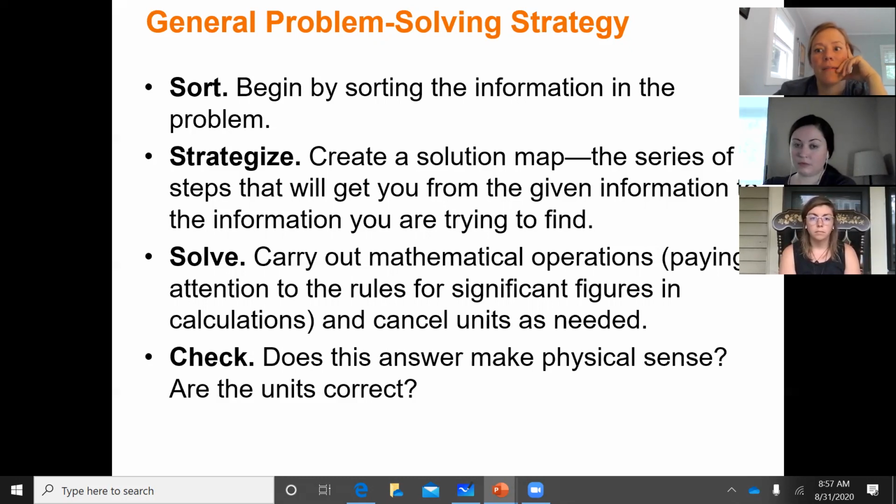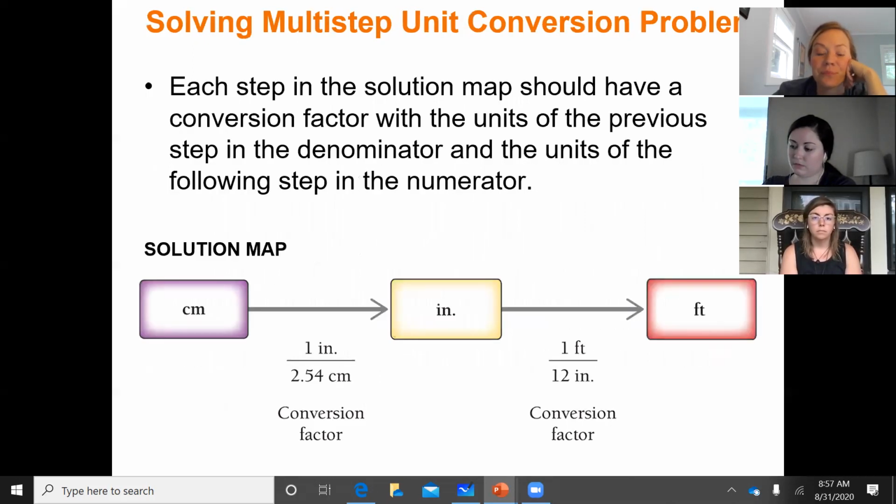If you're converting 100 centimeters to kilometers and all of a sudden you went to 5 million kilometers, that doesn't logically make sense, so you've probably moved your decimal the wrong way. As for solving multi-step problems, we already did one, but breaking the original problem into individual parts makes it easier.